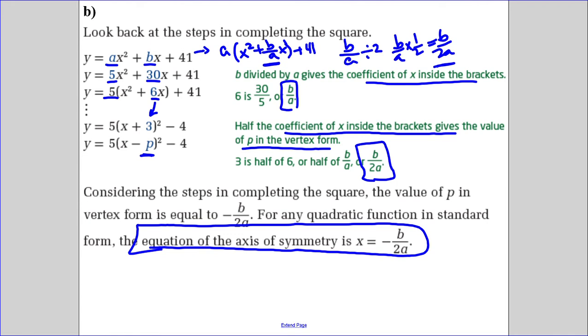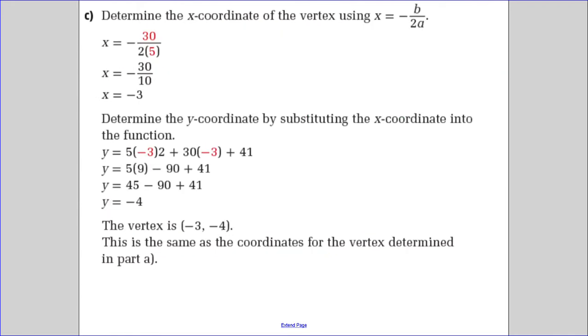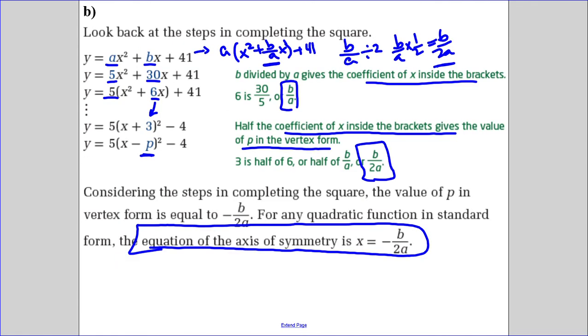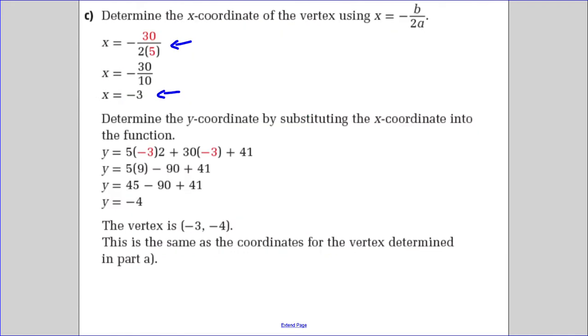Determining the x-coordinate of the vertex, notice how the minus b over 2a gives me my -3, and I can see from my equation here, there's my -3. Determining the y-coordinate by subbing it back in, which we've done before, I get y is -4, which tells me the max or min value.